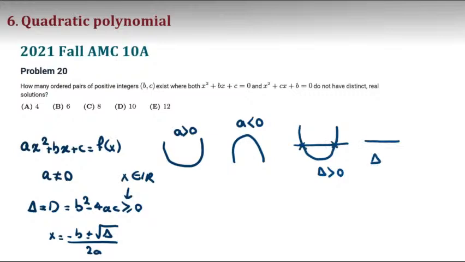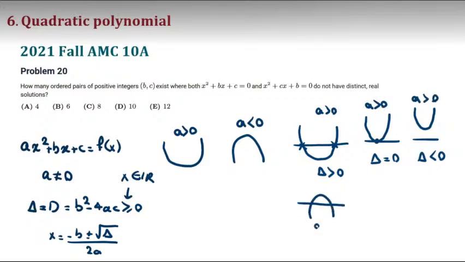If delta is 0, then we have one answer. It is tangent. If delta is less than 0, it is this. All of them are for a positive. If a is negative, for delta positive, it will be this. For delta 0, it will be this. For delta less than 0, we don't have any answer.